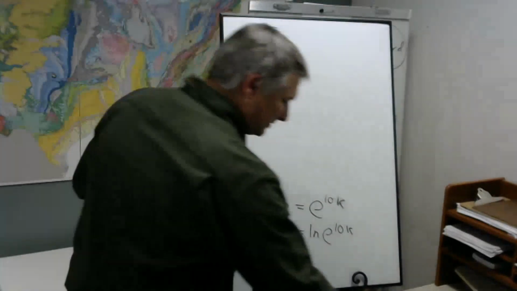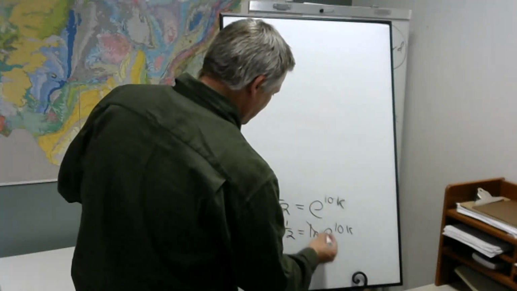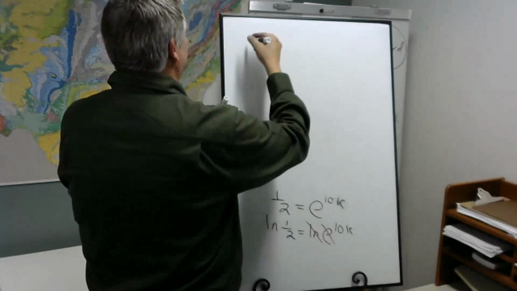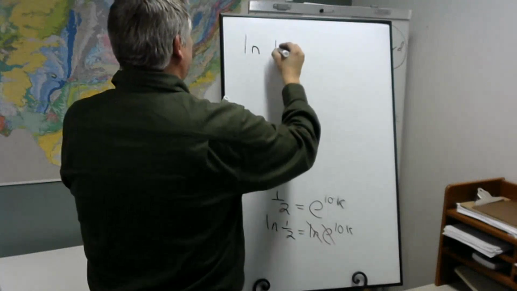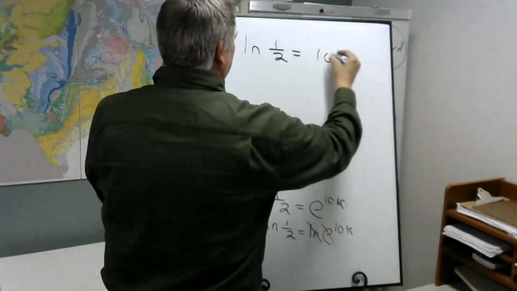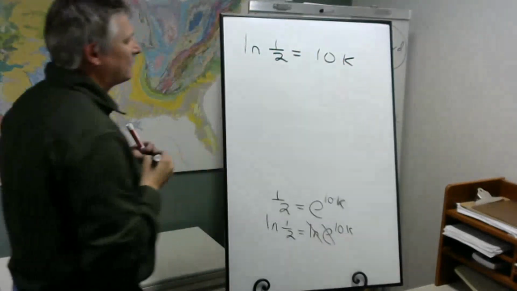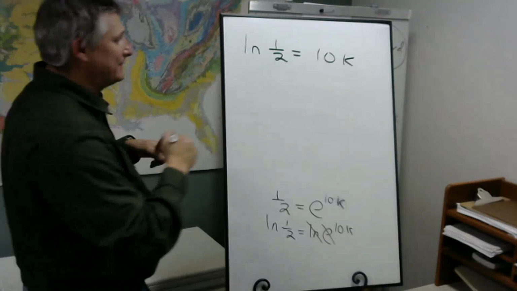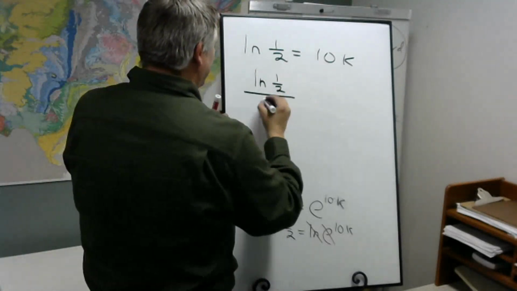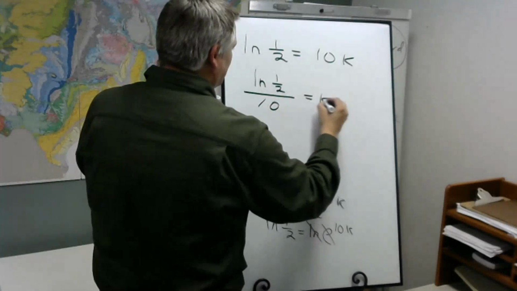And so we'll get cancellation. So we get ln 1/2 equals 10k. And then divide both sides by 10. Ln of 1/2 divided by 10 equals k.